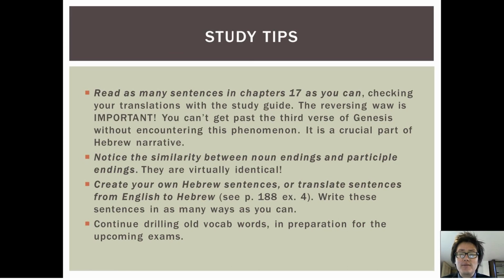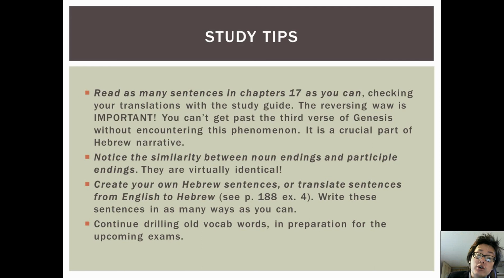You're going to run into some funny stuff with the feminine singular active participle, but apart from that tiny little exception, which you should be able to recognize easily because it ends with a tav, which is often a feminine ending, they're virtually identical. And so use that prior knowledge you have of noun endings to help you learn the participial endings.